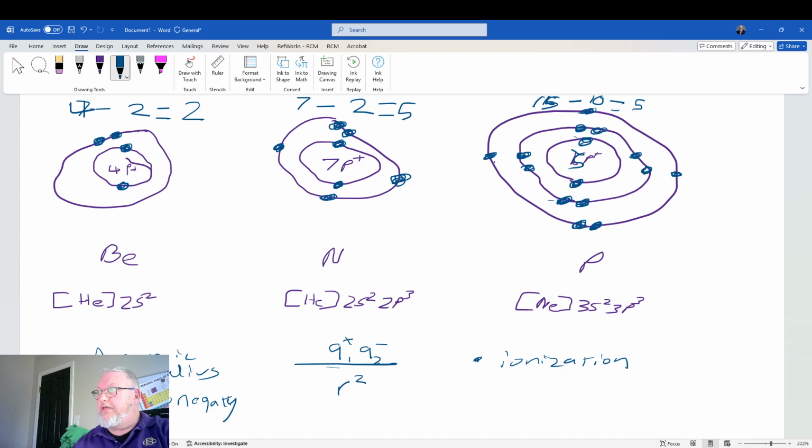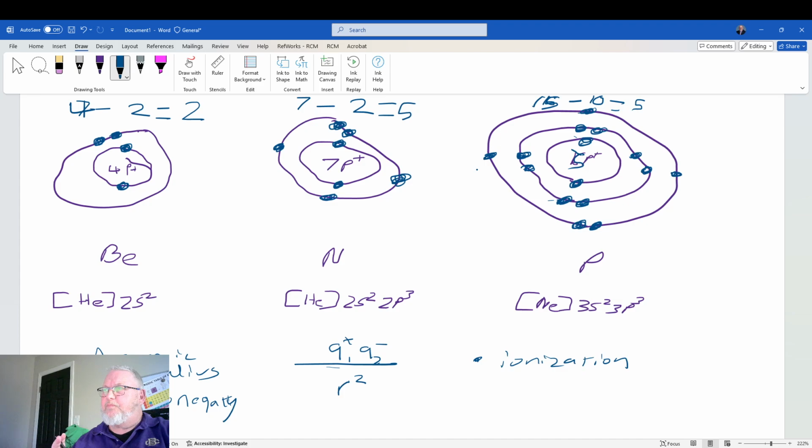So this would be less ionization energy than nitrogen. It would probably be more ionization energy than beryllium, all right, because it doesn't want to, comparatively speaking, all right. So as you go down a column, ionization energy decreases because you're adding energy layers.